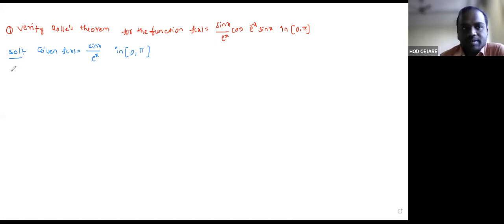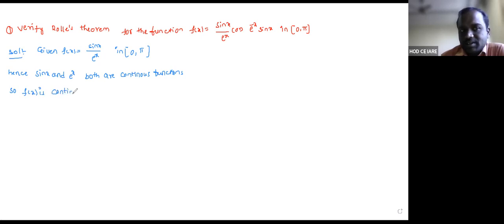Hence sin x and e power of x both are continuous functions, so f of x is continuous in the closed interval of 0 comma pi.